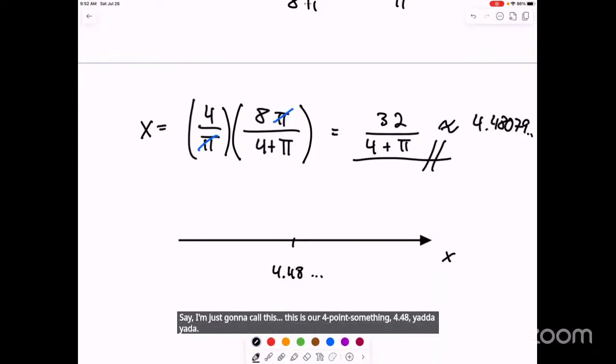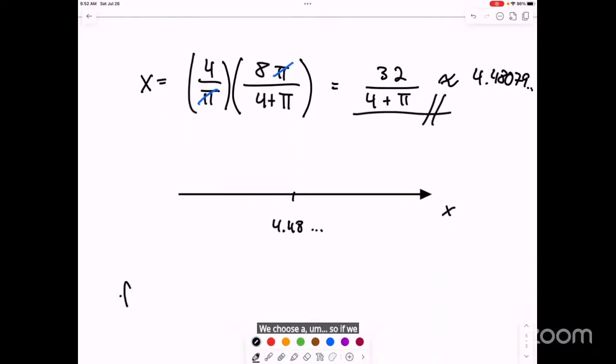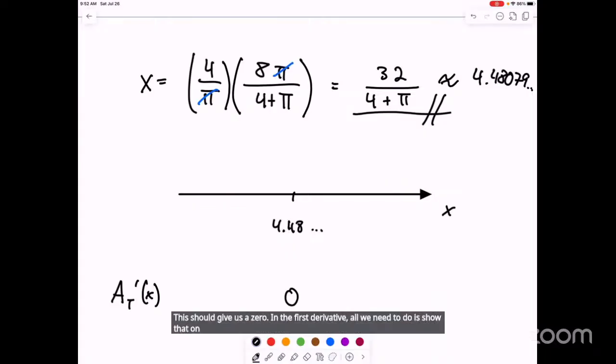If we compare this to the f prime, or a prime, this should give us a 0 in the first derivative. All we need to do is show that on the left side of this the a prime is increasing, and on the right it is decreasing, so that means this is a maximum, which is our desired result.